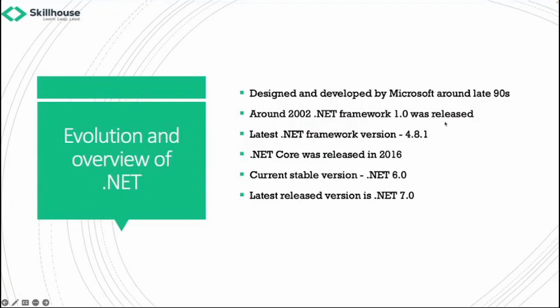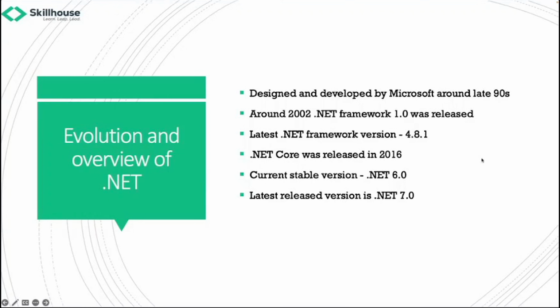Around 2002, .NET Framework 1.0 was released. Right now, the latest .NET Framework version is 4.8.1. A new variant of .NET, .NET Core, was released in 2016. .NET Core is the one which became platform independent.